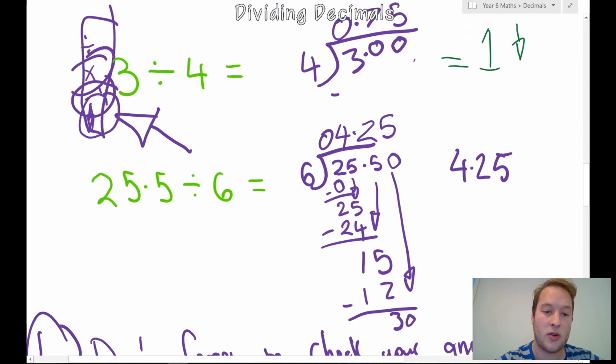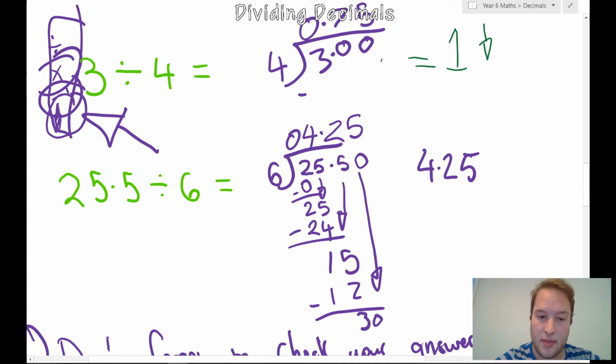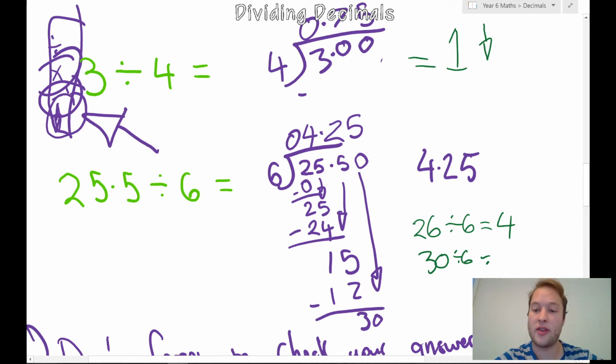And then my final question, how do I estimate that one? I could go, well, 25.5 is almost 26. So 26 divided by 6 is like 4-ish, because I know 30 divided by 6 is 5.